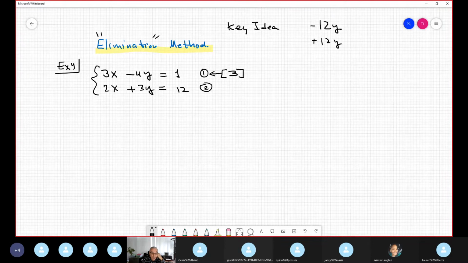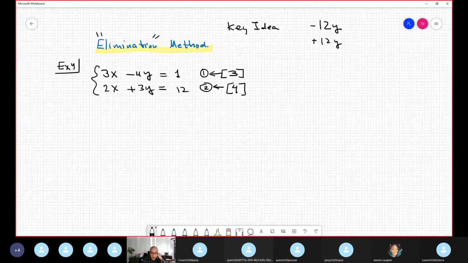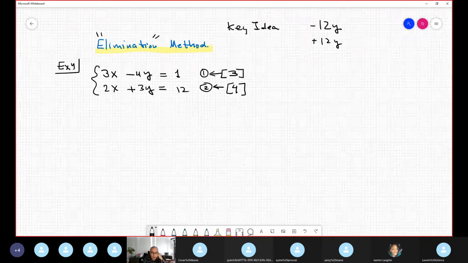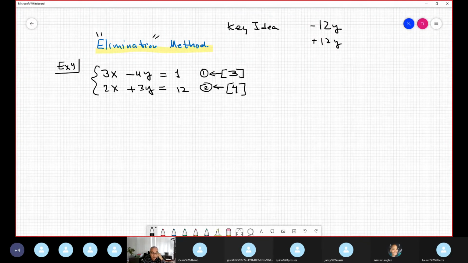The entire equation 1, and you multiply by 4 the entire equation 2. We have negative 12 and positive 12, at least in the y part. Now it's ready for elimination. Is it the only way? No, of course not. Another possibility is, I take advantage that this one is negative and this one is positive because we need opposite signs.